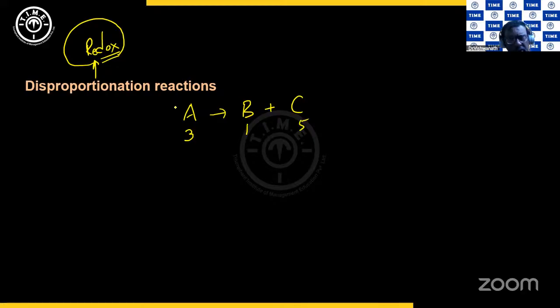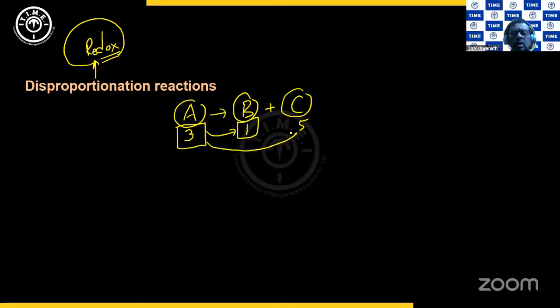So that particular element in A is common in A, B, and C. I'll show an example. But before that, let us check what the disproportionation part here is. So 3 is being reduced to 1, but 3 is also getting oxidized to 5. So there is one element which is common in A, B, and C. In A, that element had an oxidation state of, let us say, +3.